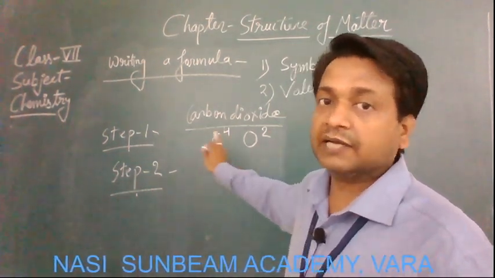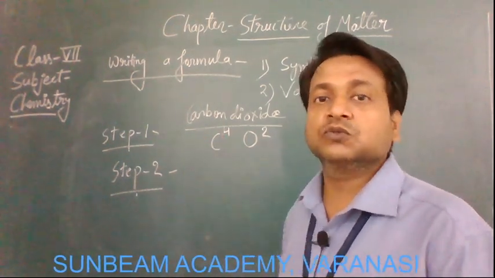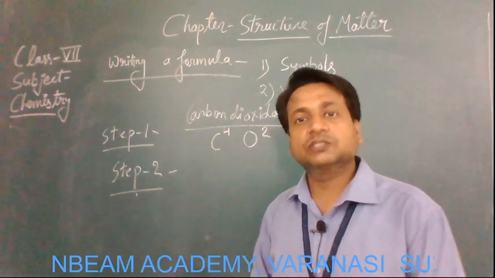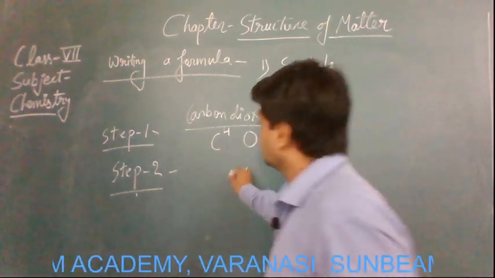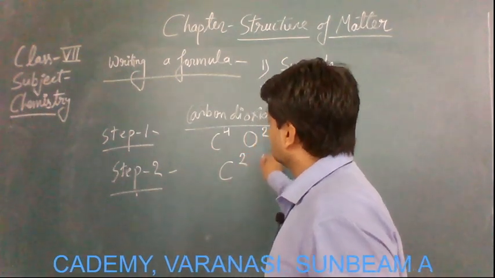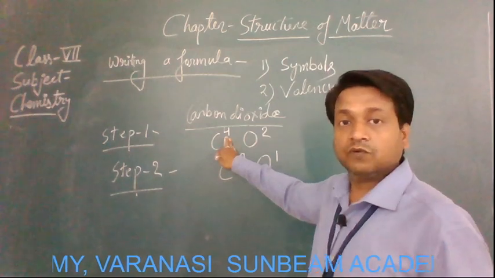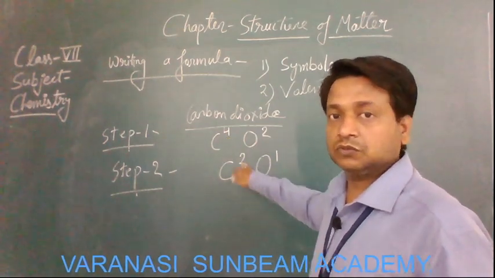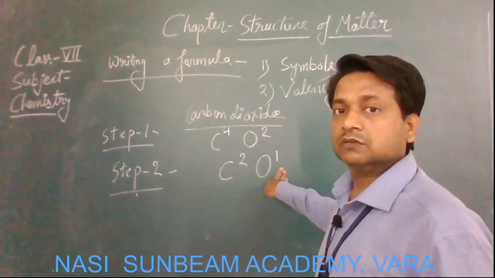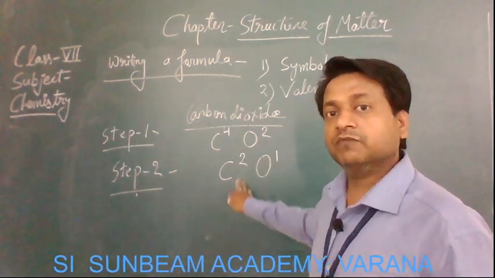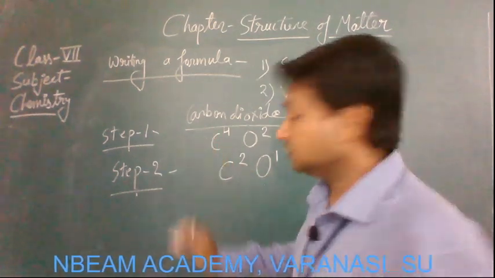What common factor can we take for 4 and 2? Yes, it's 2. Taking 2 as the common factor, 4 divided by 2, 2 2s are 4, and 2 divided by 2, 2 1s are 2. So in the second step, we simplify them by taking a common factor.